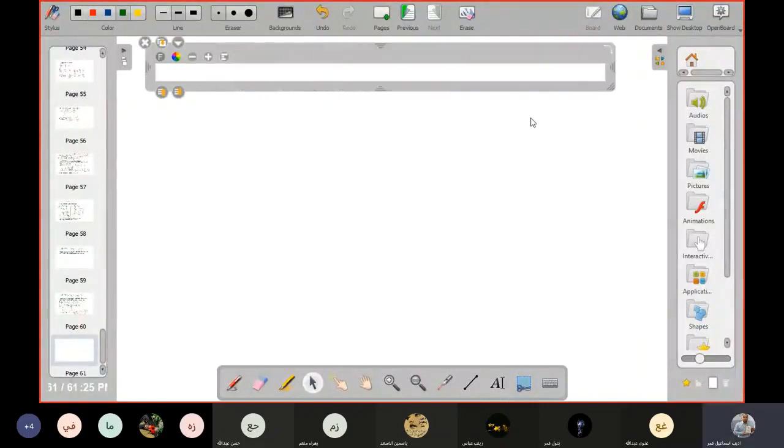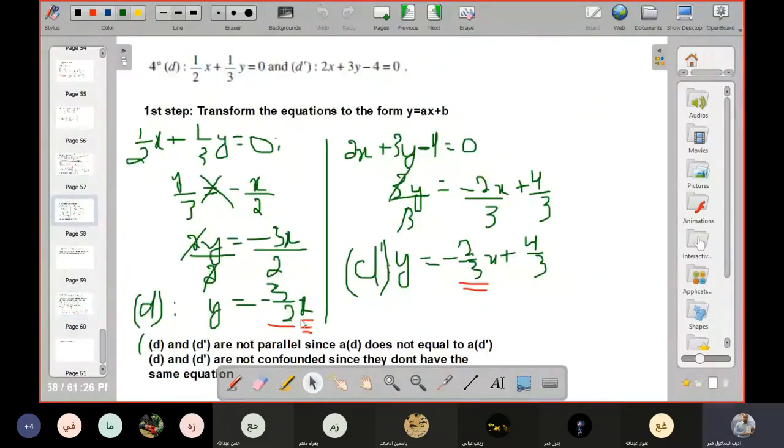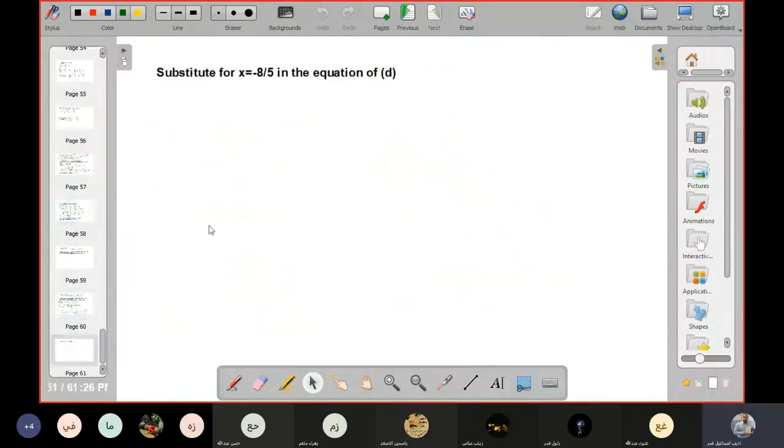Substitute for x equal minus 8 over 5 in the equation of line D. What was the equation of line D? It was y equal minus 3 over 2x.